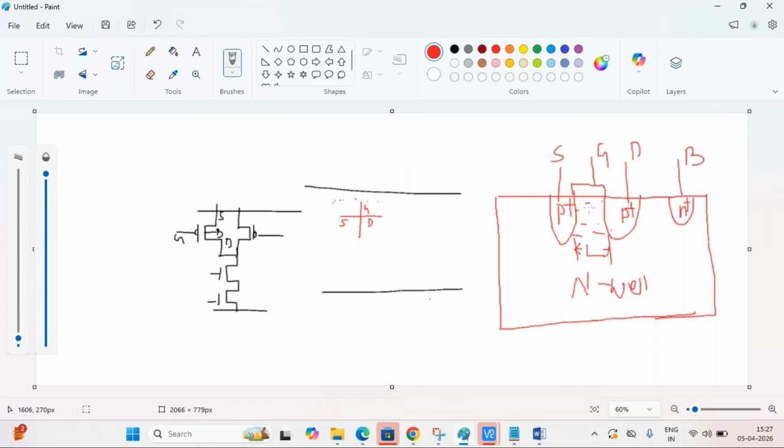Here the channel forms as per your gate voltage. Suppose we say PMOS is on at 0, meaning if you apply a negative voltage, positive charge will be attracted. In between there is some dielectric, so they are separated and this is like a capacitor.